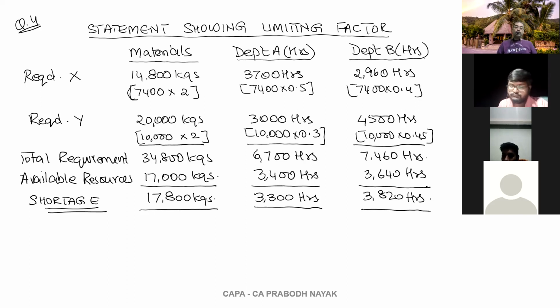So now why have they asked you to prepare statement showing limiting factor? Because they want you to point out that look here, three resources are there, materials, machine hours of A, machine hours of B, and all three of them are limiting factors because all three are in short supply.